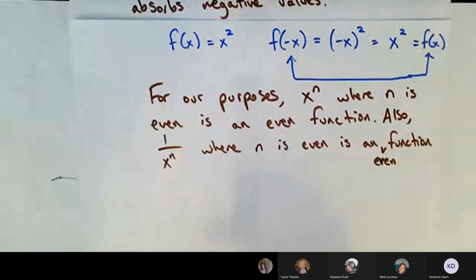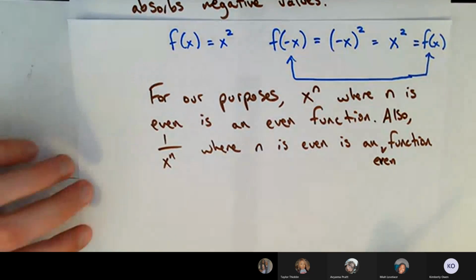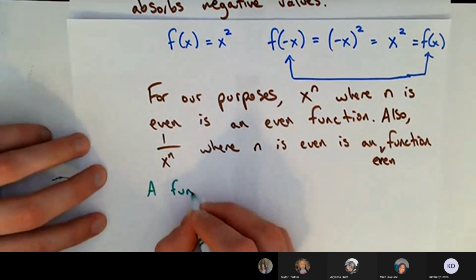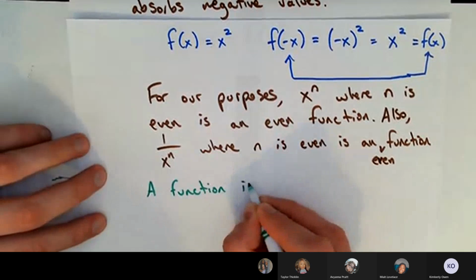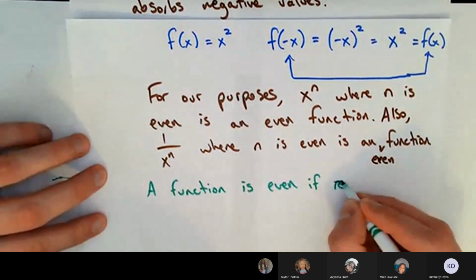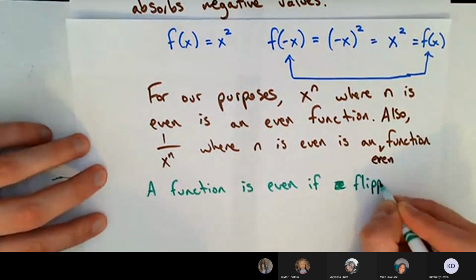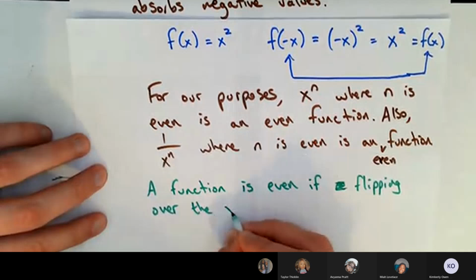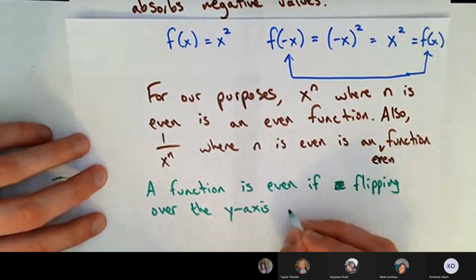And for the graph, how do I translate this rule to a graphical representation? A function is even if flipping it or reflecting it over the y-axis has no effect. Cool.